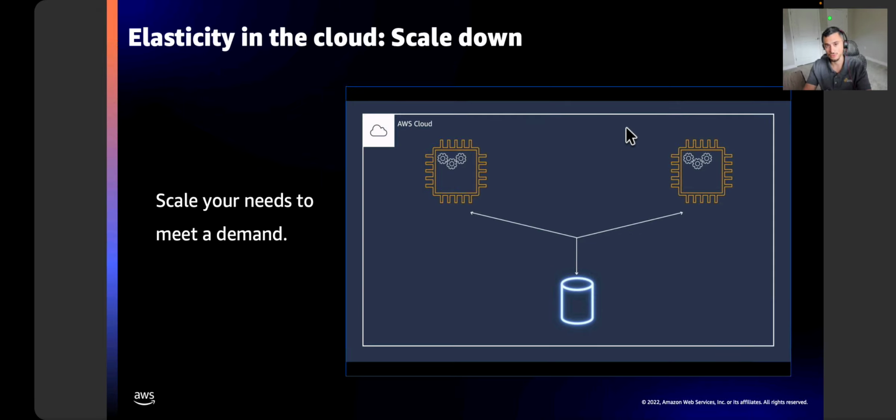That goes with the notion that in the cloud, you only pay for what you use. That's the benefit there. We always want to think about how we can incorporate elasticity in order to meet our demand as well as optimize costs, right?